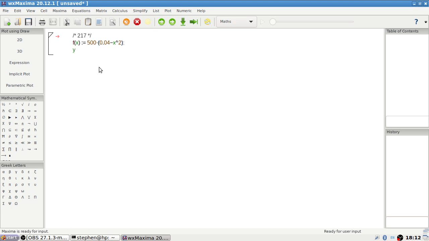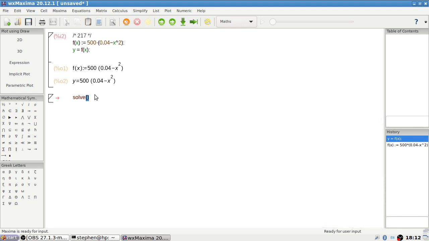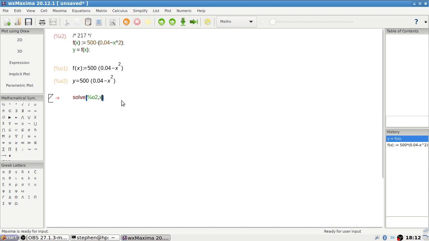So what I'm going to do is make this equation, and then I'm going to just run this. Okay, and then I'm going to solve percent O2 for x.